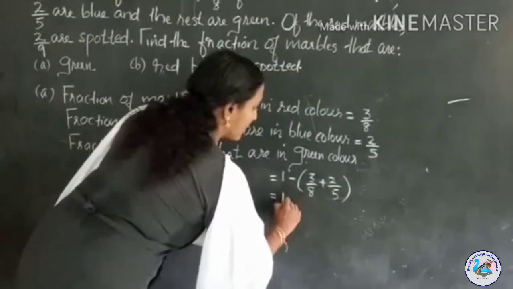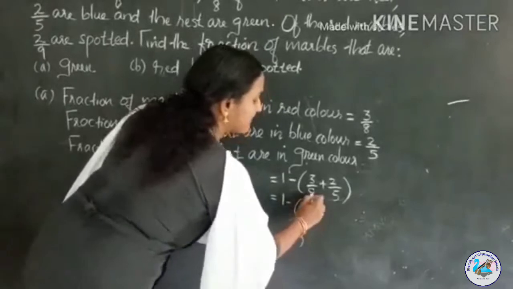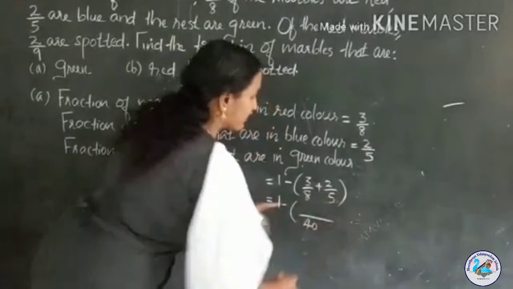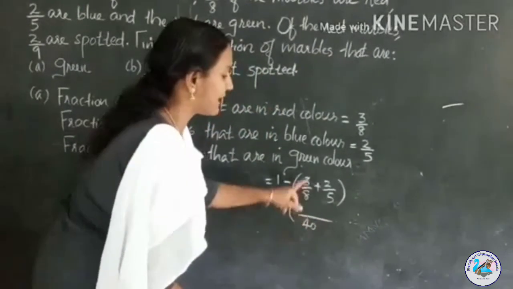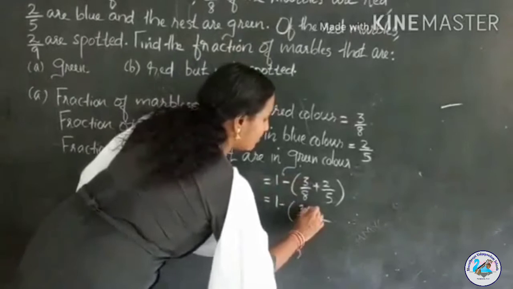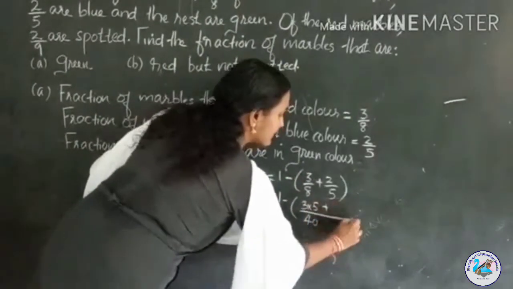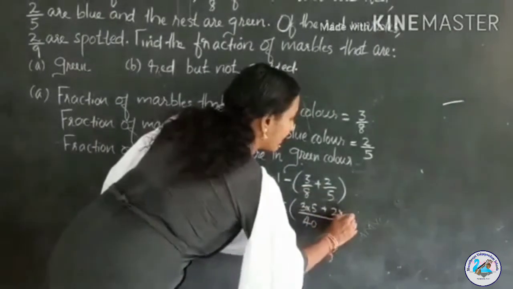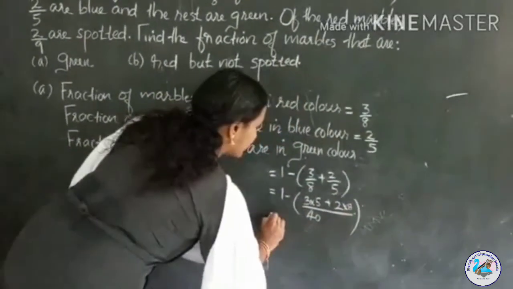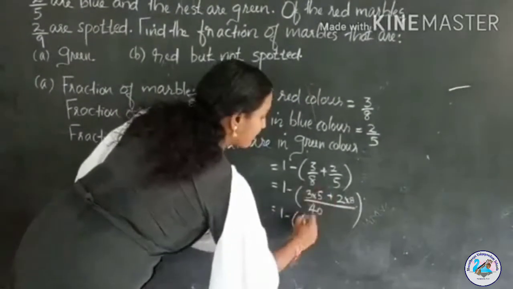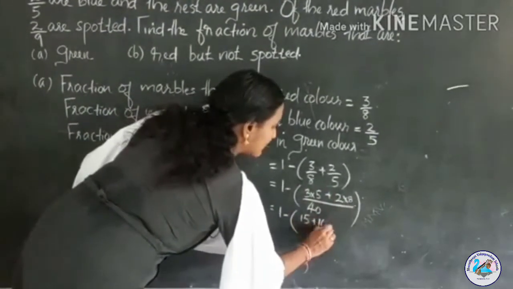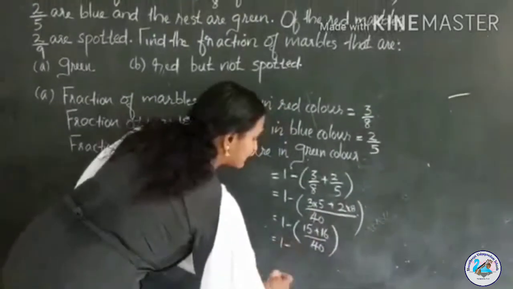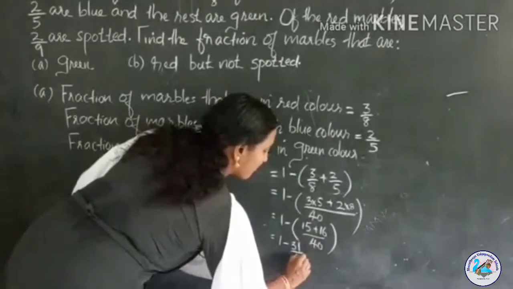This is equal to 1 minus, here the LCM is 40. 8 5s are 40, so 5 into numerator 3. 5 8s are 40, so 8 into numerator 2. So 3 into 5 plus 2 into 8 is equal to 1 minus (15 plus 16) by 40, which is 1 minus 31 by 40.